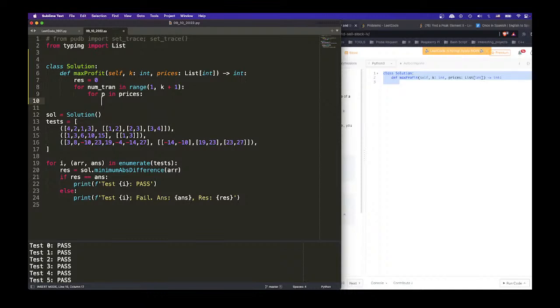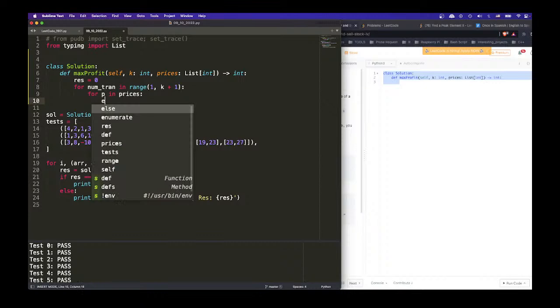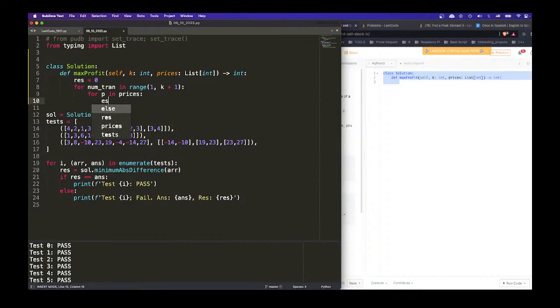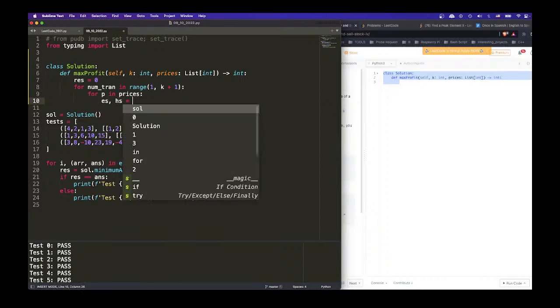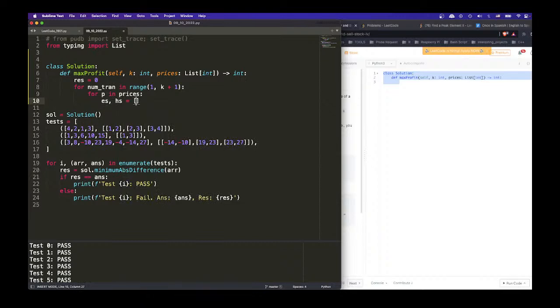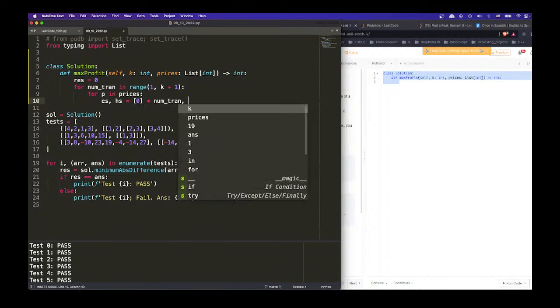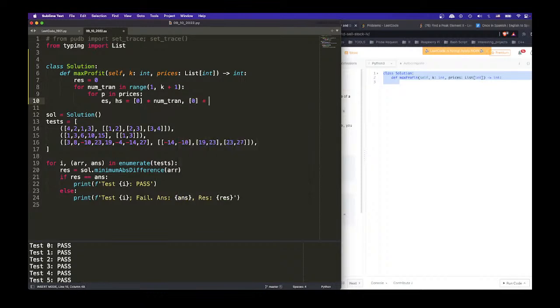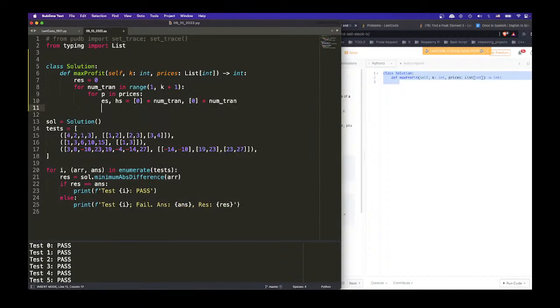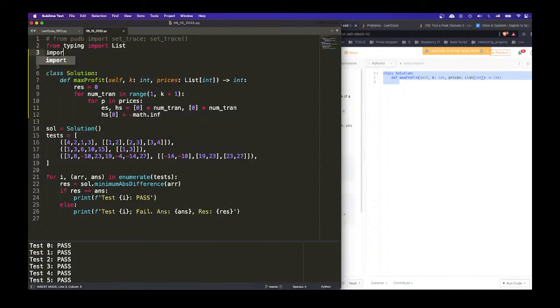We can use arrays. Okay, so E's and H's equal 0 times num transactions. And of course, we know H is the holding state, so we set it to minus math.infinity.